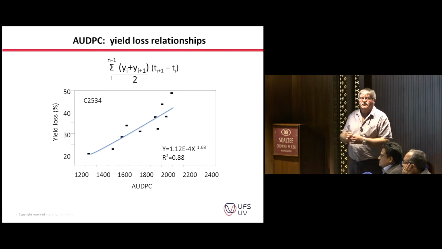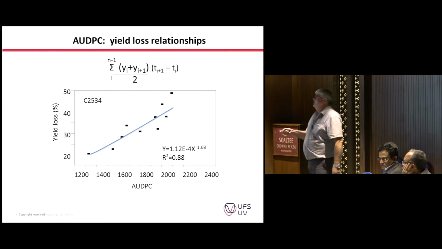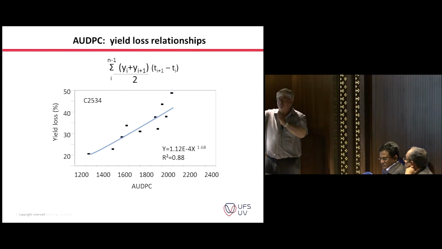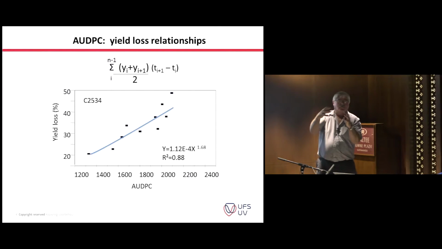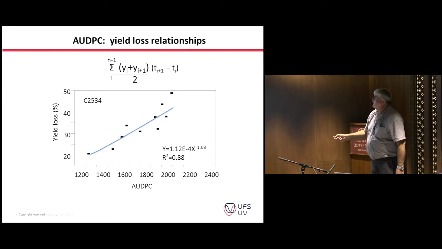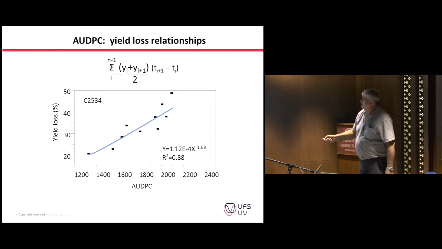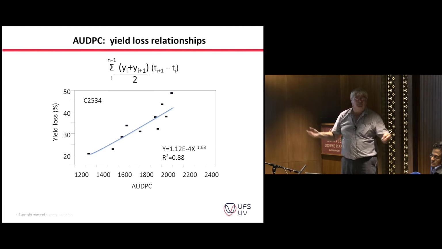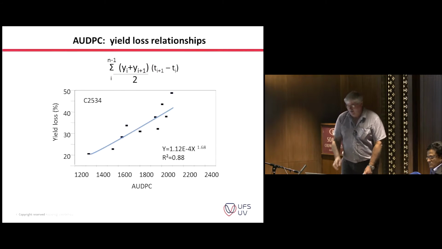What this actually is, is a multiple model, because you're taking your disease progress curve, you've got multiple measurements, you're combining them into a single index of disease, and then using that to measure yield loss. So in other words, it's a multiple model that you've simplified into a simple regression.